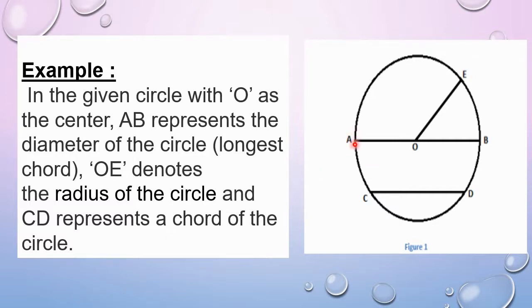Here you can see in this figure O is the center, AB is the diameter, OE is the radius and CD is a chord.